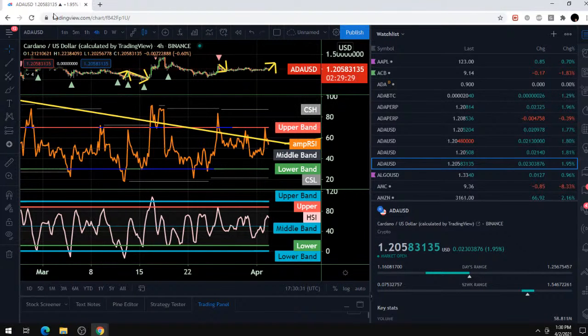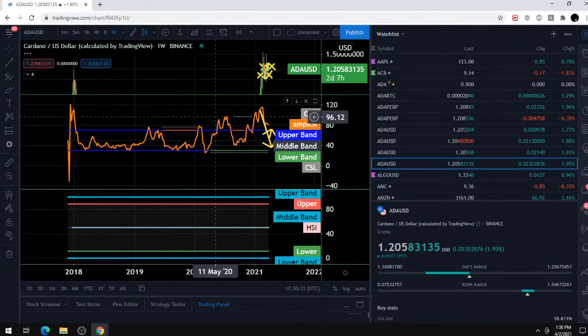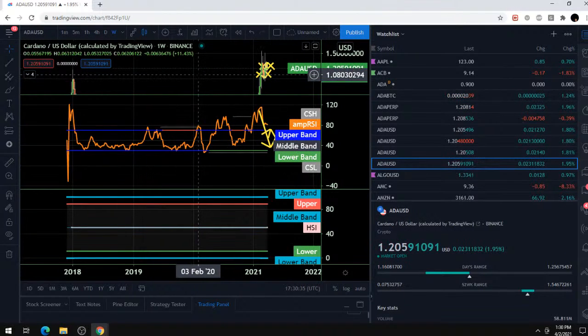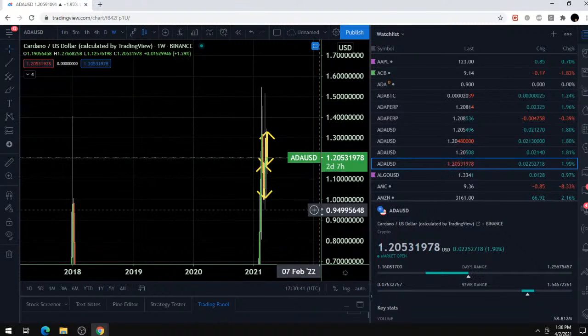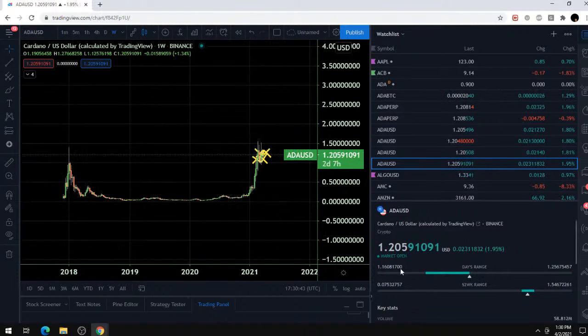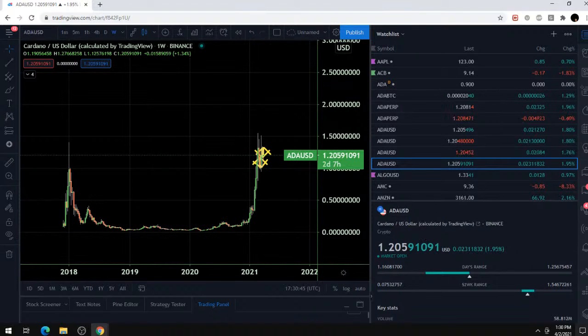I think we go on Cardano, just utilizing this monster weekly chart. This is what I wanted to really focus on. So here's all-time Cardano, and this is like Ethereum.